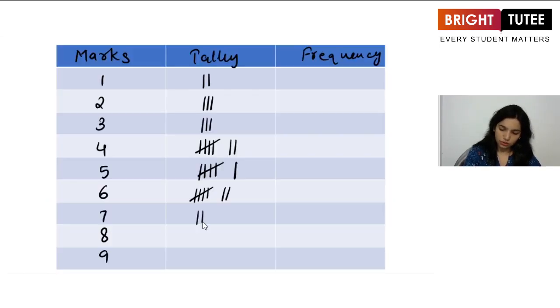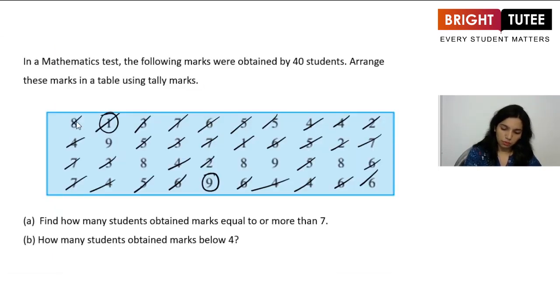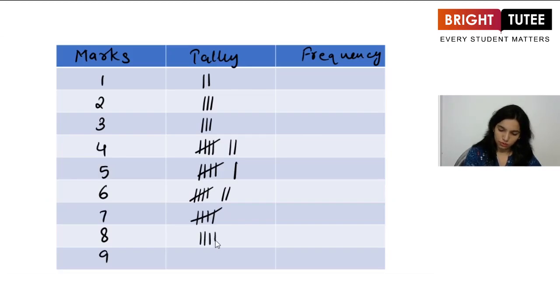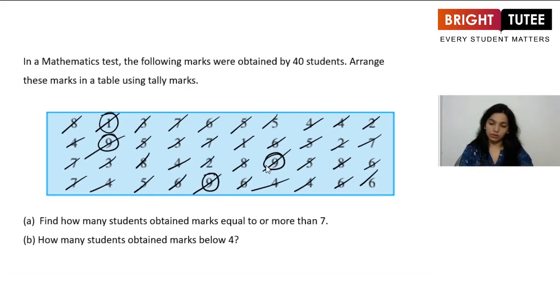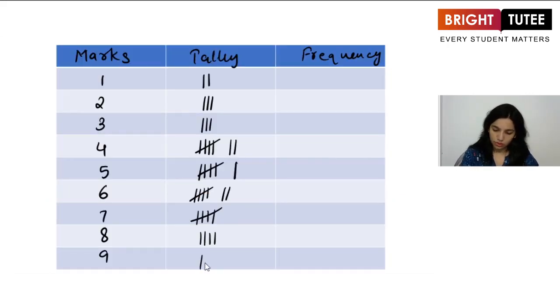Now 8 is coming. 1, 2, 3, 4. 4 times. And 9 is coming. 1, 2, 3. So total 9 is coming 3 times, right?